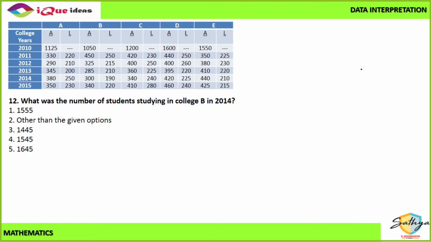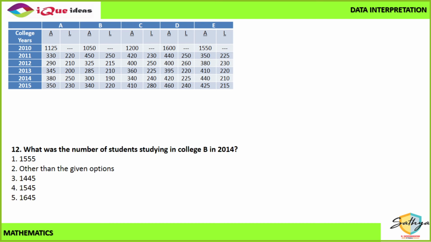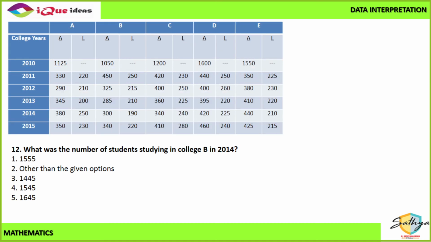What is the number of students studying in college B in the year 2014? I'll expand the data so that it becomes readable. And this is easier than the previous one, because in the previous one you had to do a lot many calculations. Here it is easier.